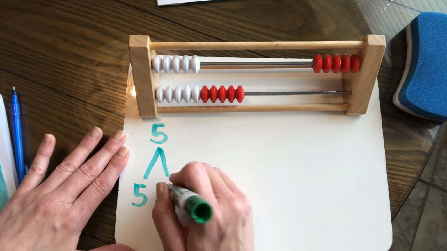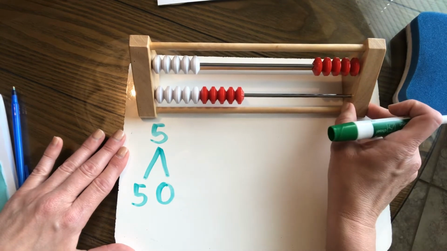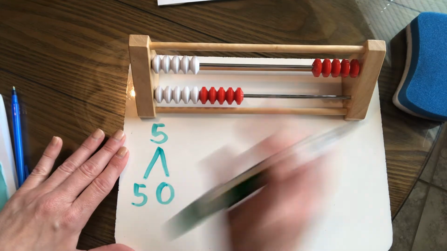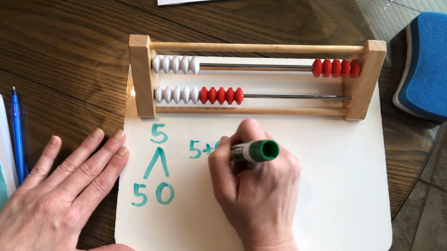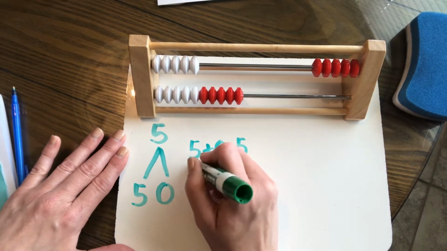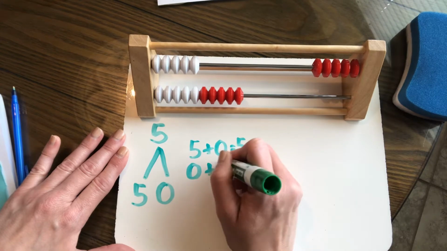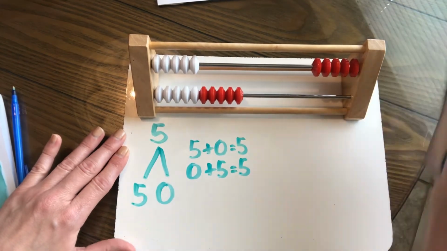And that number that represents nothing is 0. So the addition number sentence that shows how I join these two parts together is 5 add 0 equals 5. Remember, I can also start with this part and add the other part and still get the number 5.